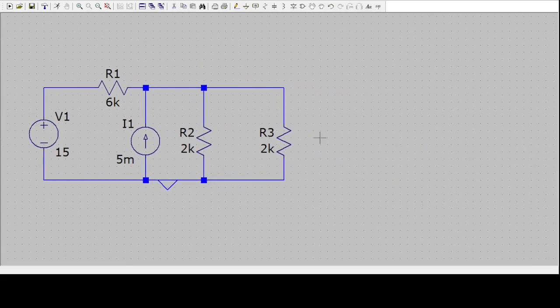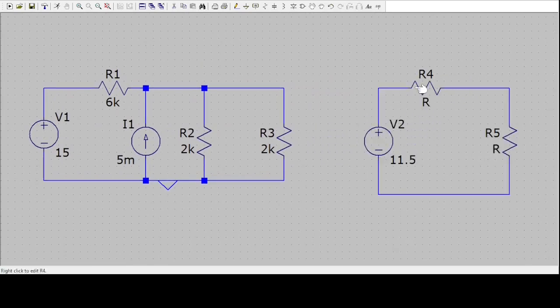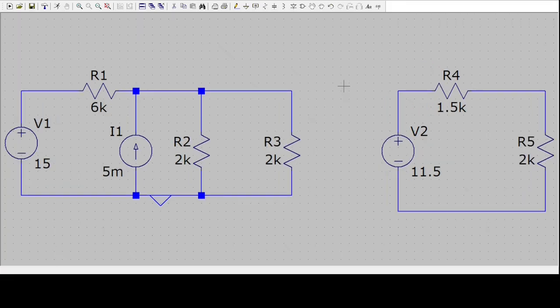We calculated the Thevenin's equivalent as VTH 11.5 and RTH 1.5 kilo ohm, and we're calculating for a 2 kilo ohm load. What we expected is that the current flowing through the 2 kilo ohm resistance is the same as the current flowing through the R5 resistance, according to Thevenin's theorem.